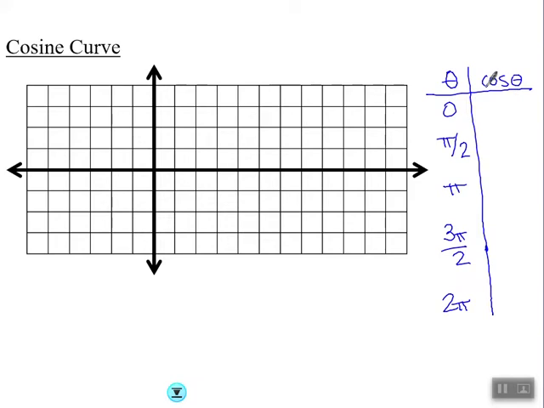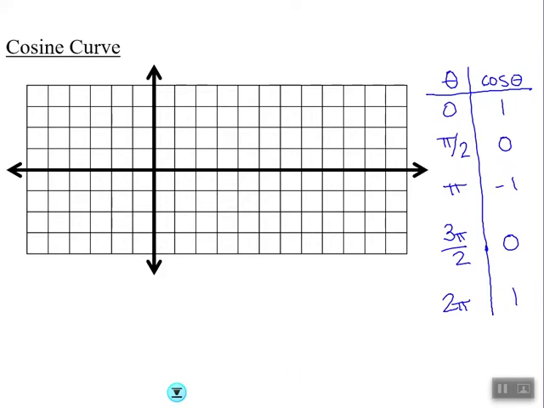Remember that cosine is the x-coordinate of that angle. So cosine of 0 is 1, cosine of pi over 2 is 0, cosine of pi is -1, cosine of 3 pi over 2 is 0, and cosine of 2 pi is +1.